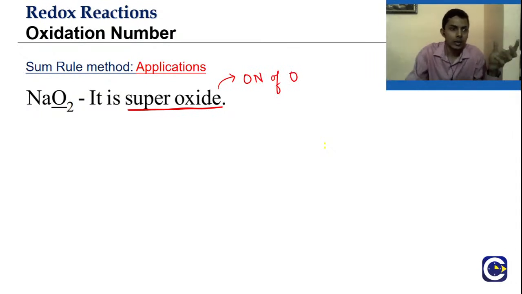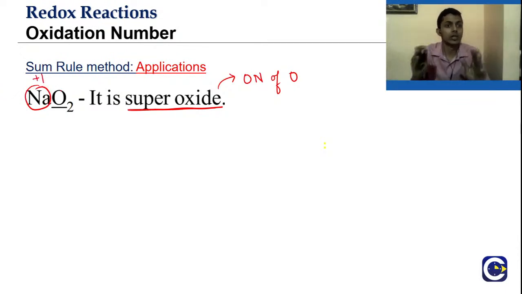We know for sodium for sure it should be +1 only, always, because you should remember this. Group 1A and group 2A will always have oxidation number of +1 and +2 respectively. They cannot be different. Using that understanding, try to find out the oxidation number of oxygen in superoxide.